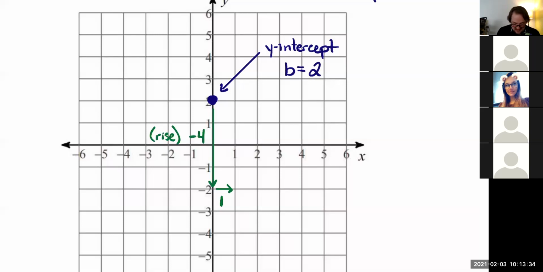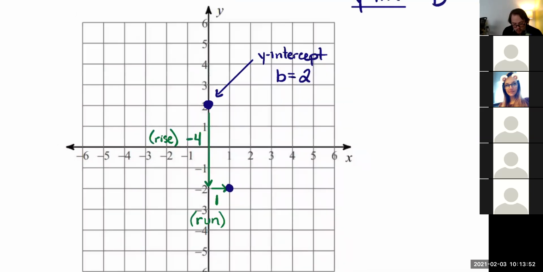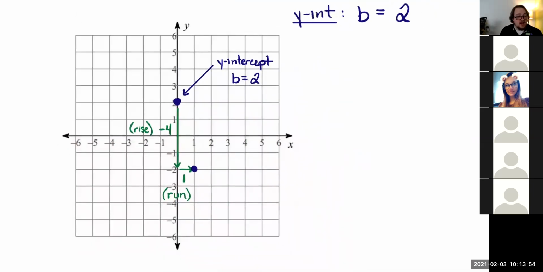So, all right. The down 4 took care of our rise from our slope. The right 1 took care of our run, which lands us here at the ordered pair (1, -2). Now, when you're graphing on the assignment, I don't need you to write out that visual representation every time.